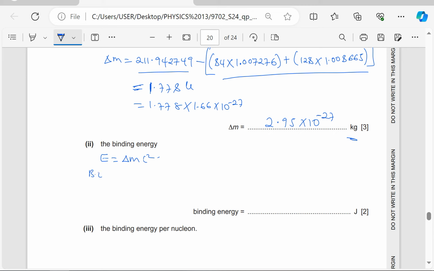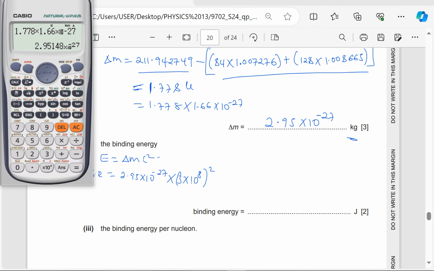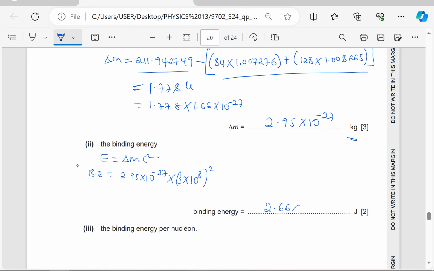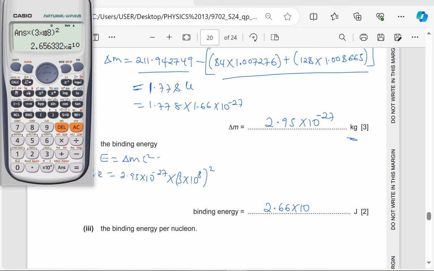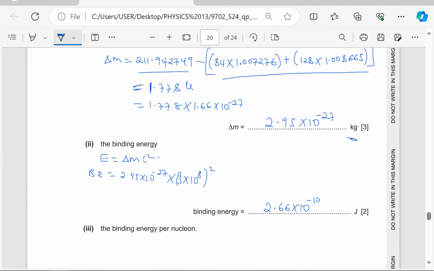So the binding energy is going to be equal to the mass defect, which is 2.95 times 10 to the power of minus 27, then times 3 times 10 to the power of 8, but this should be squared. So I'm getting 2.66 times 10 to the power of negative 10 in joules.